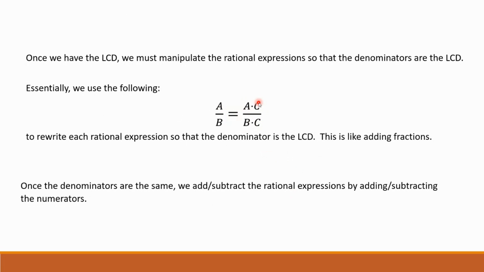So we have A times C on top, B times C on the bottom. In other words, this is what we're going to use. It's just like with fractions of integers. And then once the denominators are the same, we're going to add and subtract, right? Just like before, we only add and subtract the numerators.